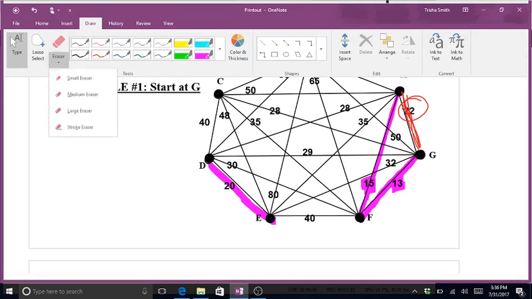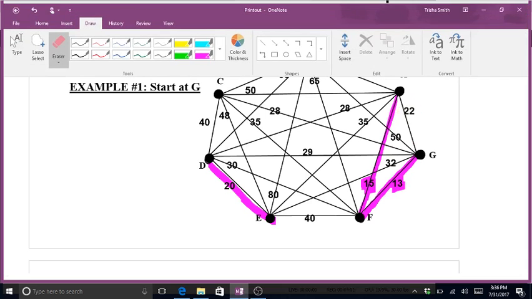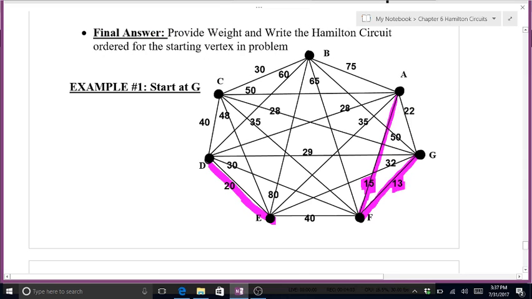That's one of the ones that you have to skip. Remember, you cannot close off a circuit until you have everything. So if we skip over that one, it looks like our next smallest one is going to be 28.